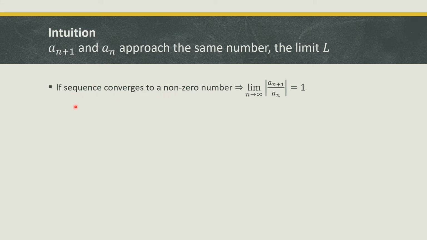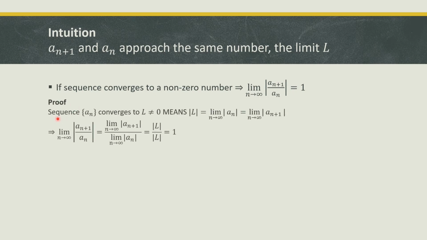Now, we will show that this is true. It's obvious, but we will show that it is true so that we will be confident with the succeeding conclusions. So here's the proof. The sequence a sub n converges to the limit L, which we say is not equal to 0, if and only if L is equal to this limit and this limit.